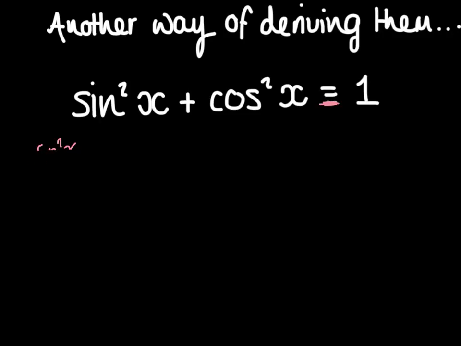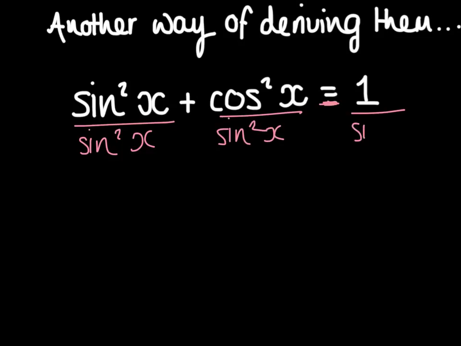So let's take each part of our equation here and we'll divide it by sine squared x. Now obviously we have to do it to everything, cannot miss anything out there. So that will hold in that case.